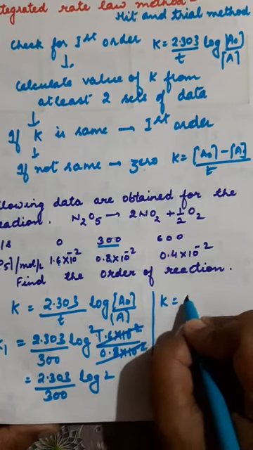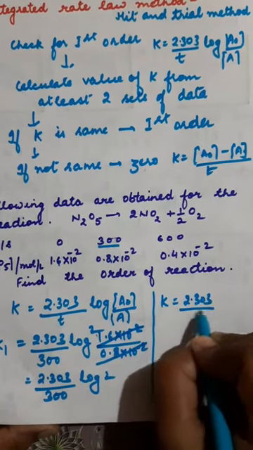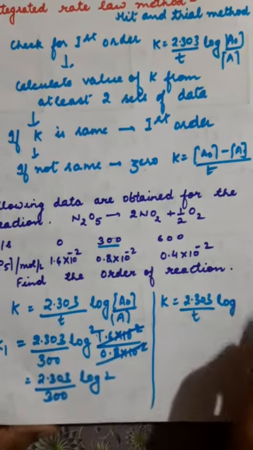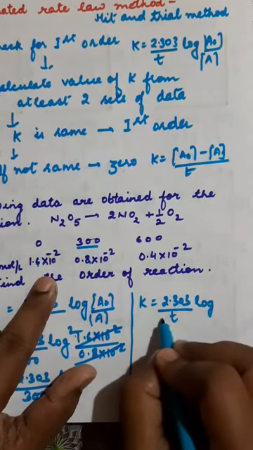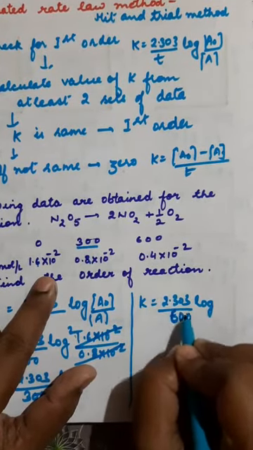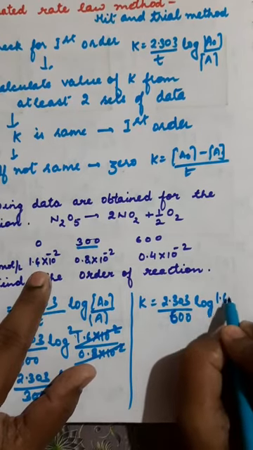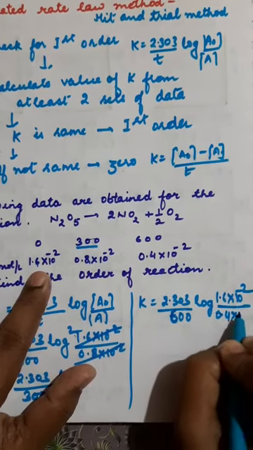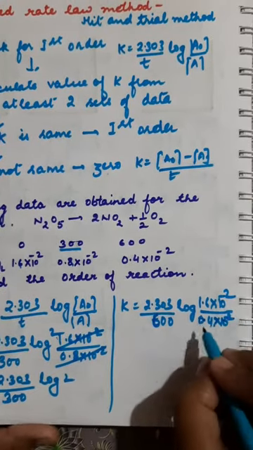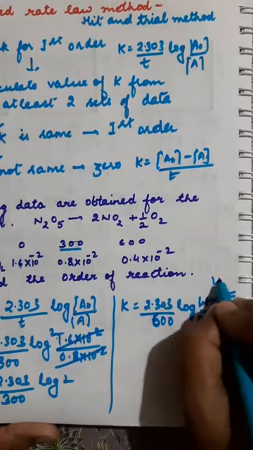K is equal to 2.303 upon T log, for 600 seconds. Now we will find out. So we will put here 600, log 1.6 into 10 power minus 2 upon 0.4 into 10 power minus 2. Clear? Now this will get cancelled, 4.